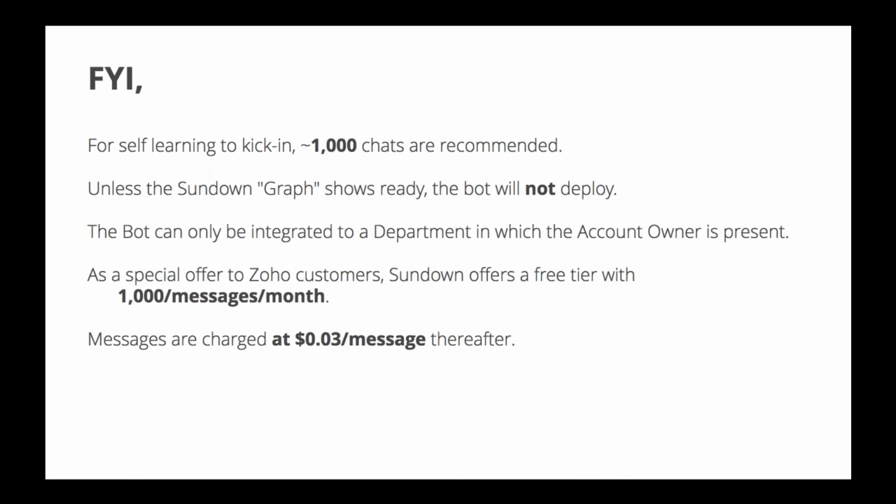Since it's prepaid and paid in advance, not postpaid, there's no way for you to overshoot your monthly budget allowance for Chloe. And of course, at 3 cents a message, with its ability to handle tens or even hundreds of customers at the same time, if your traffic is that high, she's far, far more economical than any human operator that you can hire.